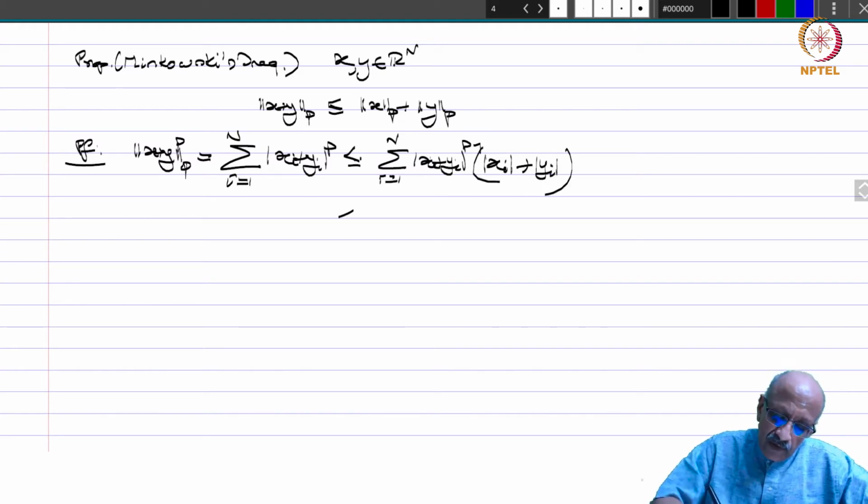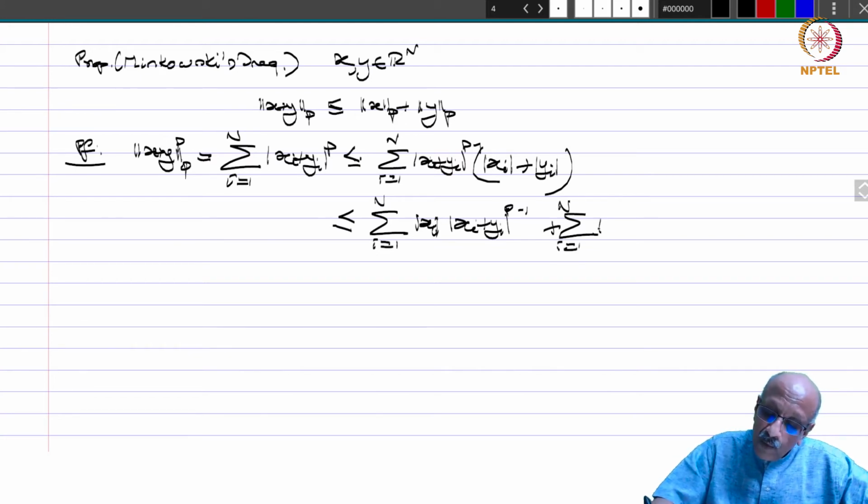So this is again less than or equal to sigma i equals 1 to n mod xi into mod xi plus yi power p minus 1, plus sigma i equals 1 to n mod yi into mod xi plus yi power p minus 1.